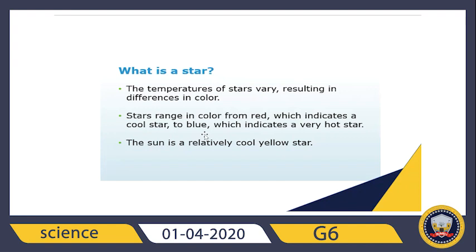As we know, the sun is a star and it has a yellow color. So from the color of the sun we can know that the sun is a cool star. You can imagine that we still have other stars that are much hotter than the sun.